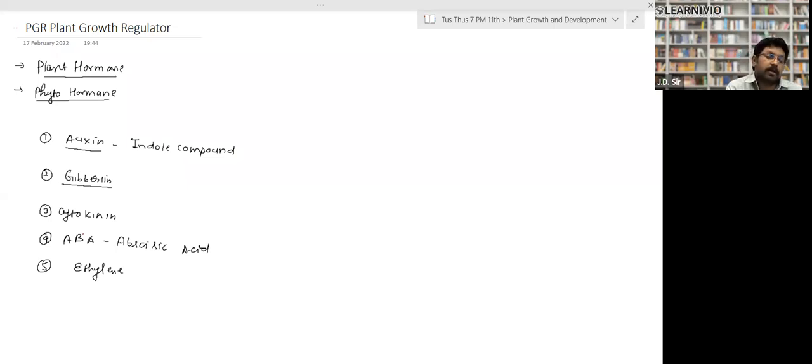There are five types of plant growth regulator. Please note it down. First, auxin; second, gibberellin; third, cytokinin; fourth, abscisic acid; fifth, ethylene.